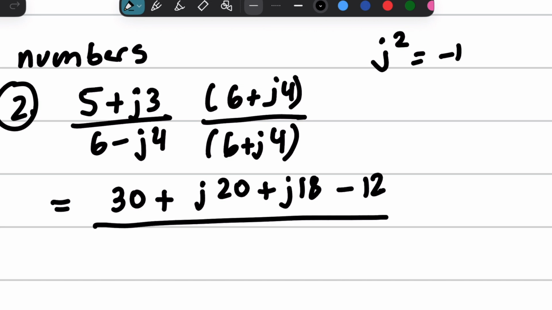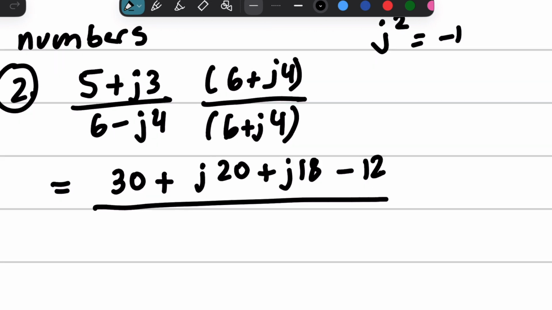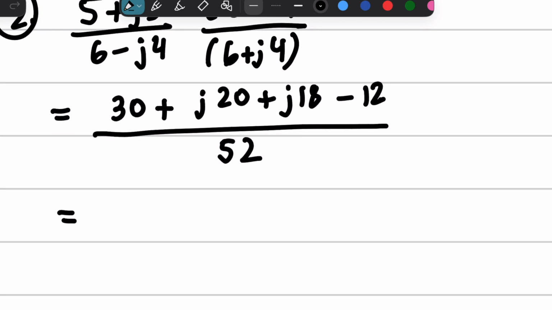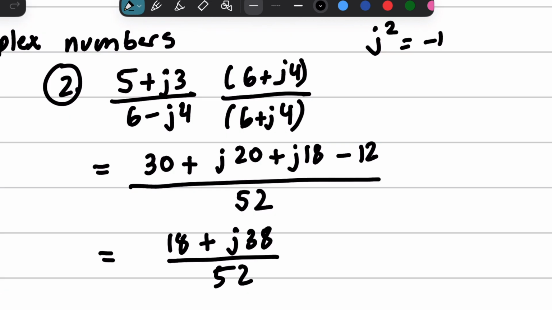And we're going to divide by 6 squared is 36 plus 16, and 36 plus 16 is 52, and so we're going to get 18 plus j38 over 52.